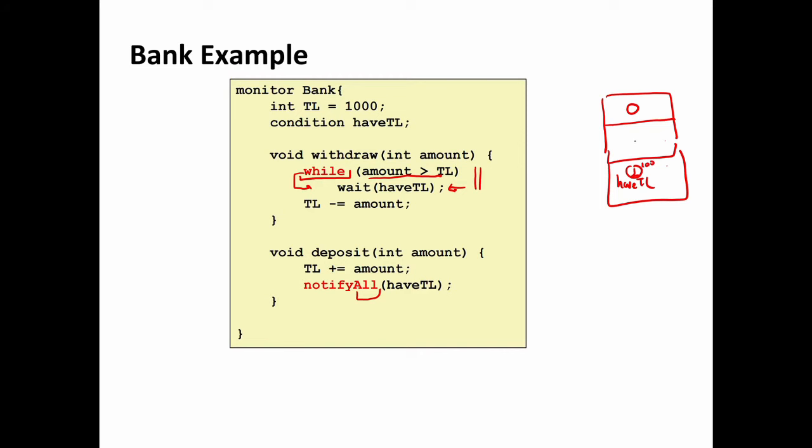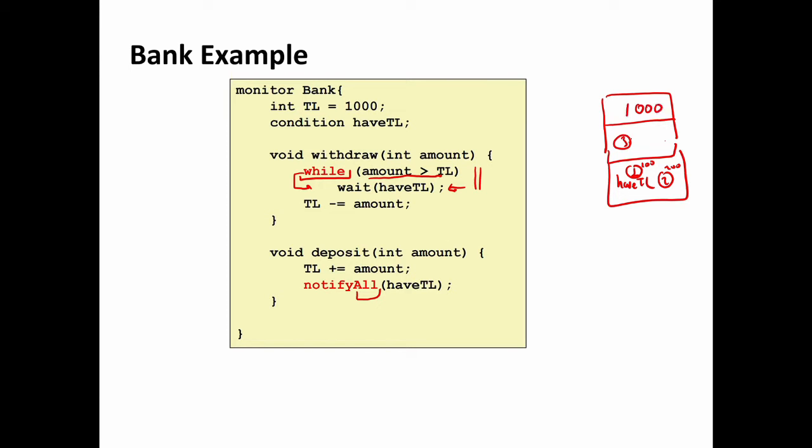Number two comes and wants to withdraw 200 lira, so he also sleeps here. Then a third guy comes. This guy is rich. He deposits, say, 1,000 lira.